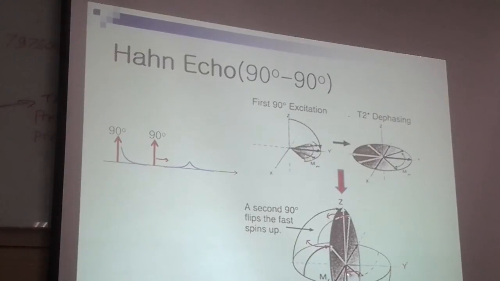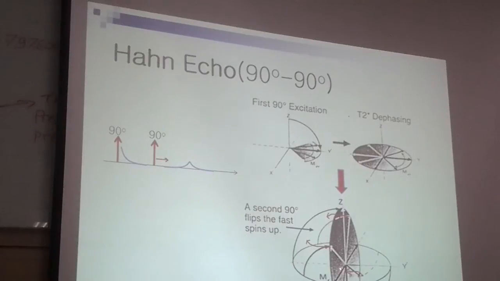The second 90-degree pulse flips the faster spins up here, but flips the slow spins down here.